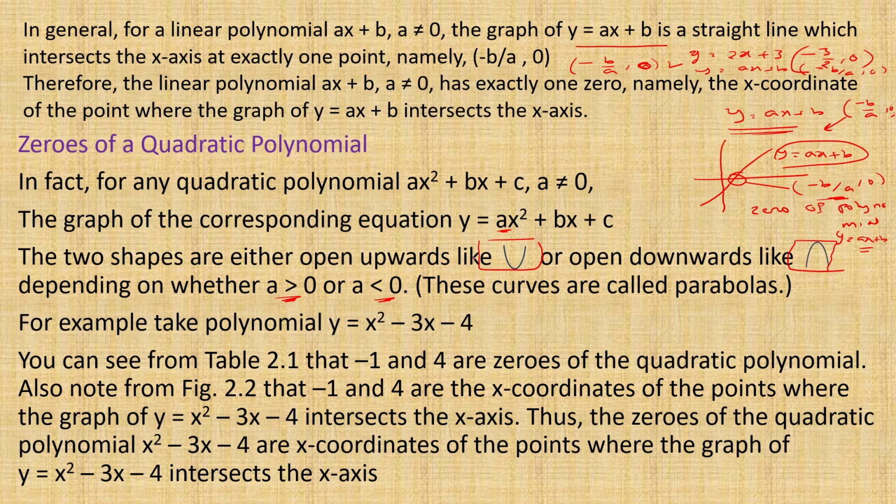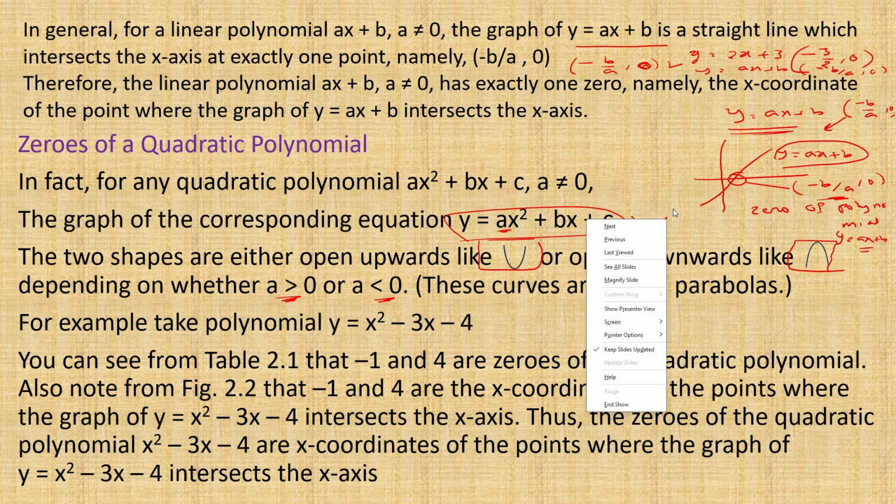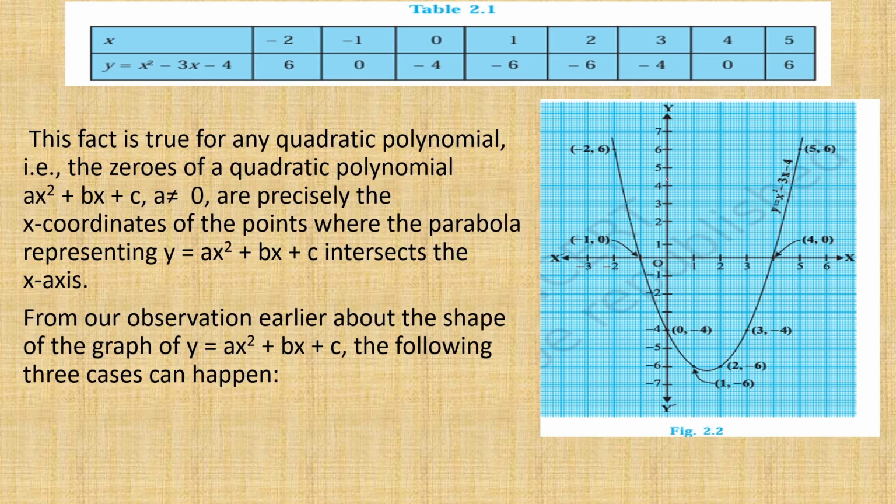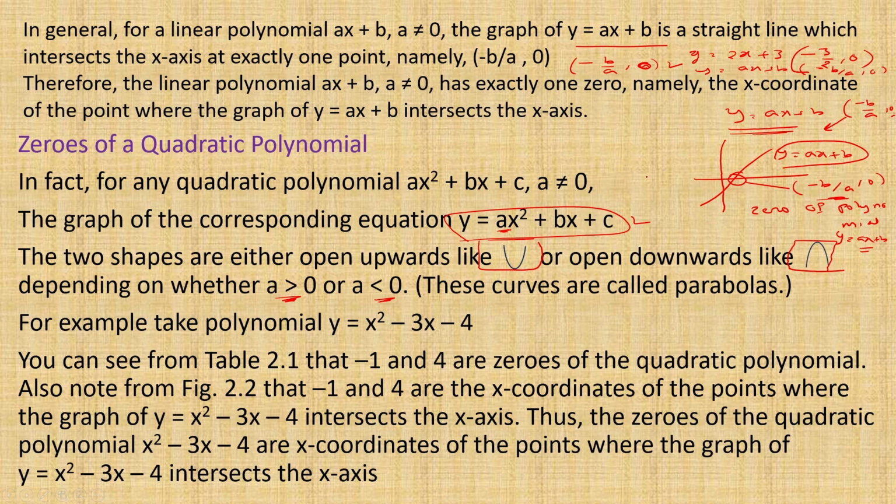First remember this. What is the general expression for a quadratic equation? y equals ax square plus bx plus c, and the shape is in the form of a parabola, like this or like this. If a is greater than 0, then it is in the form of a down parabola.